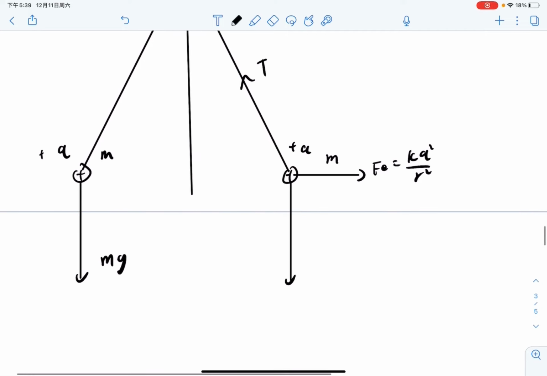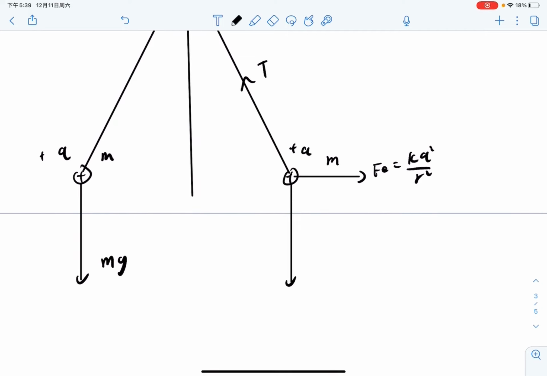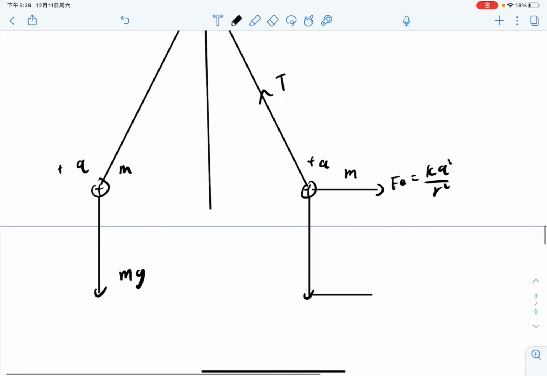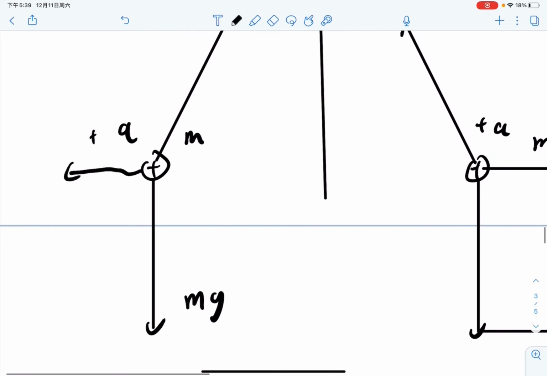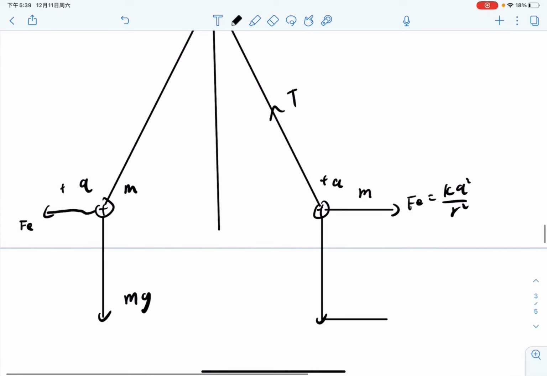So by balancing out the forces, we can see that the net force of the gravitational force and Fe must be in the same direction as the tension, because in all directions the forces balance each other out.